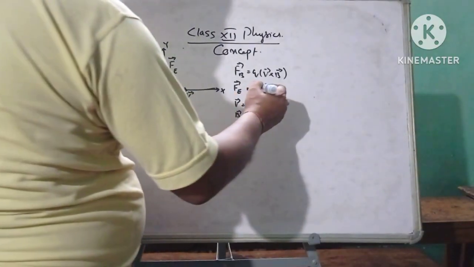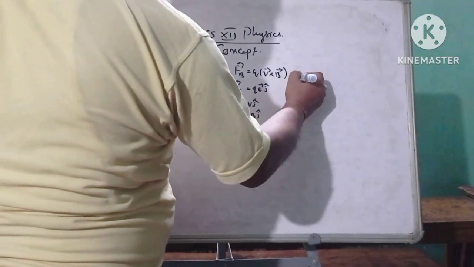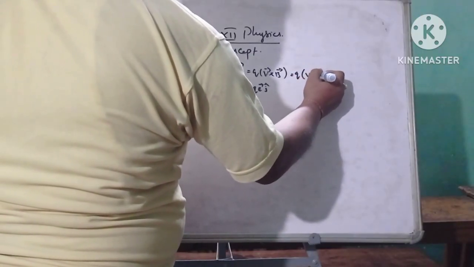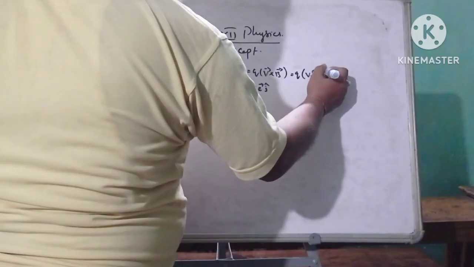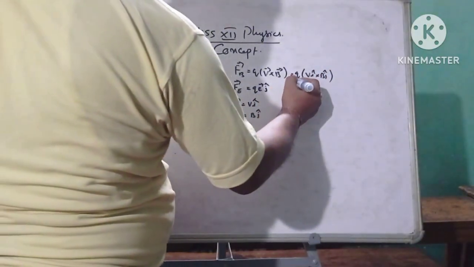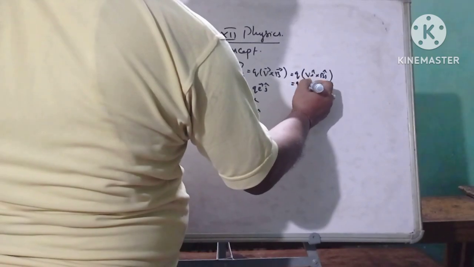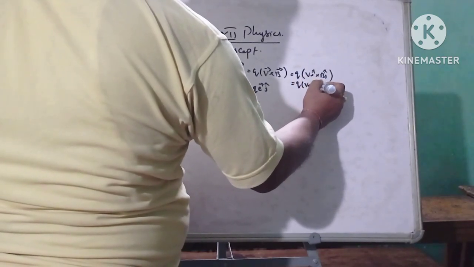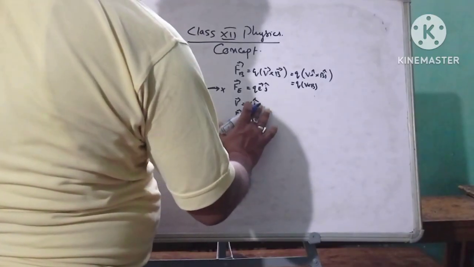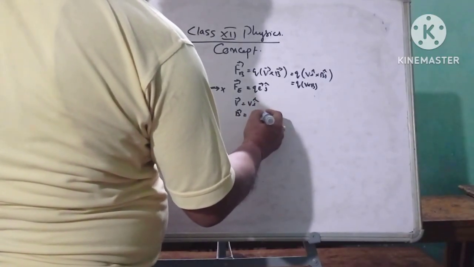Wait, B is in the K cap direction. So this will be qV I cap cross B K cap.